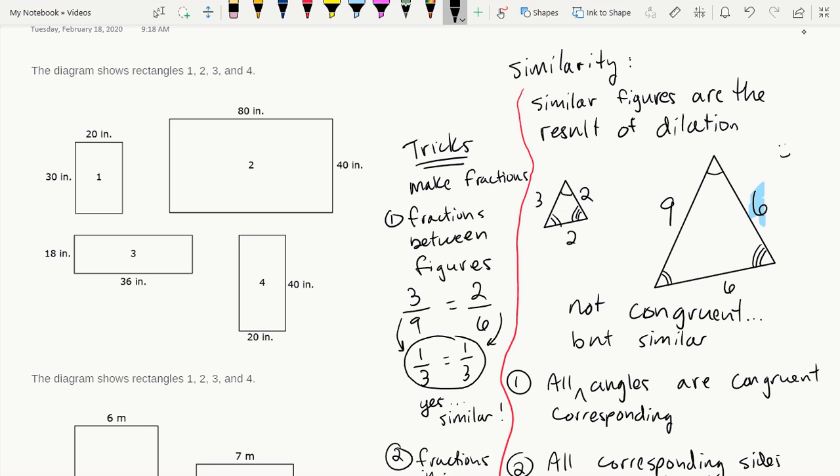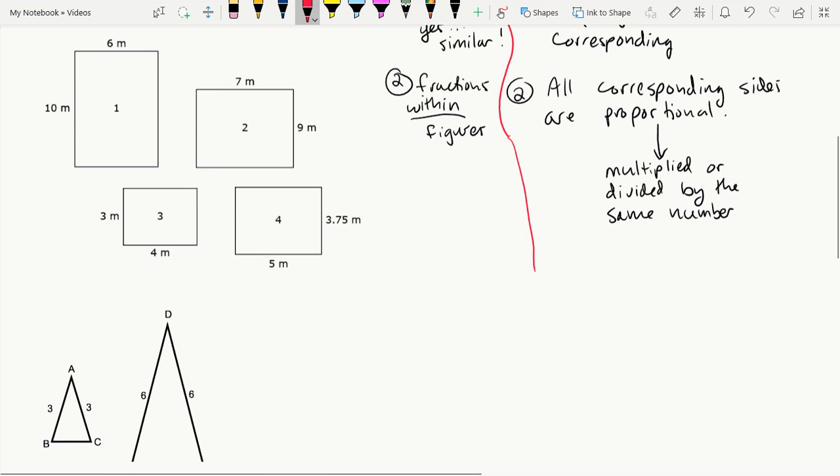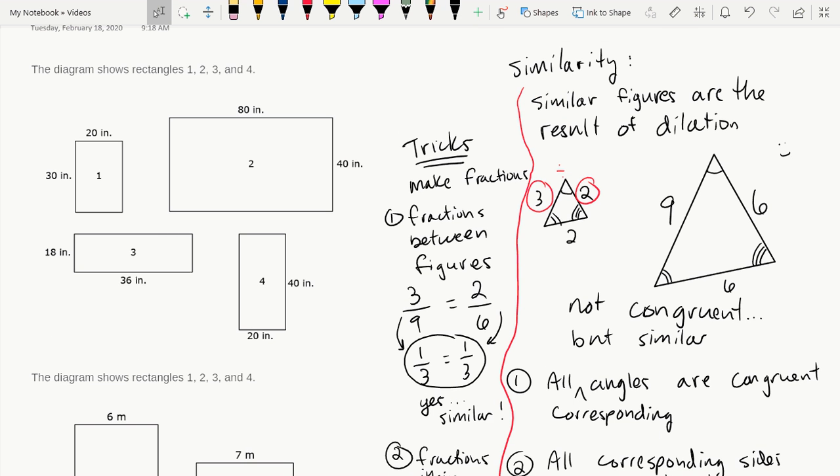Now I did a fraction between the two; let's do one within. I'm going to do 3 divided by 2. I have to go the same direction, so I have to use the number in the exact same spot on the triangle and another number in the exact same spot on the other triangle. So where I had 3 divided by 2, now I have to have 9 divided by 6.